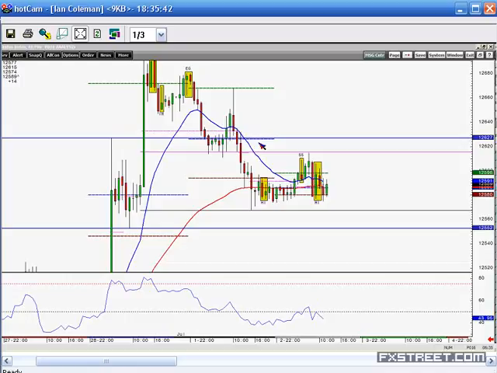I.e., here yesterday, I've got this point of control here, but I've also moved underneath my moving average, so I get a strong rejection to the upside. I move back through the point of control, then it comes up to retest not only the point of control, but my EMA.